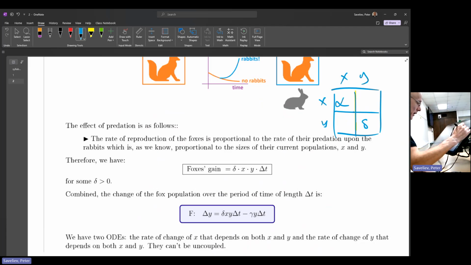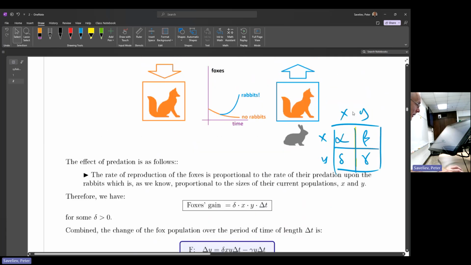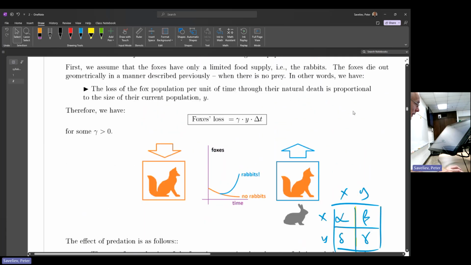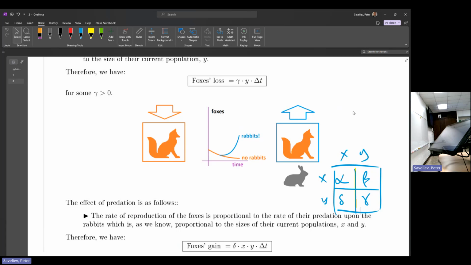Then I have here beta. Hold on a second, and gamma. Yeah. No, so alpha and gamma are the two. Yeah, gamma is the fox's loss. So alpha and gamma are the independent parameters, independent from the other ones.